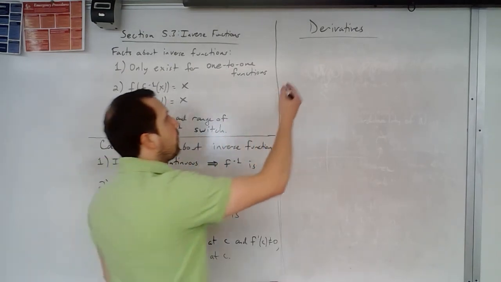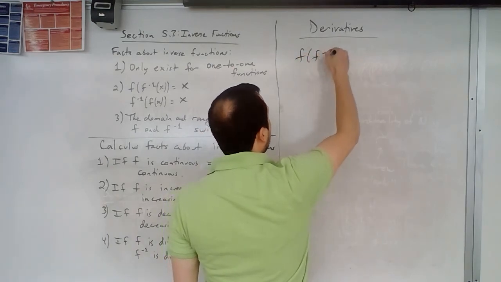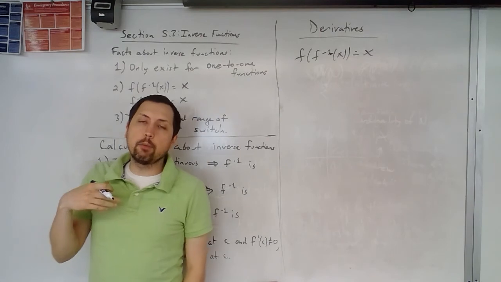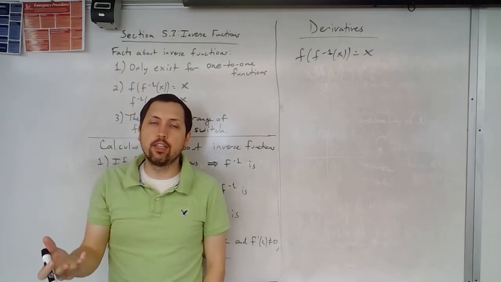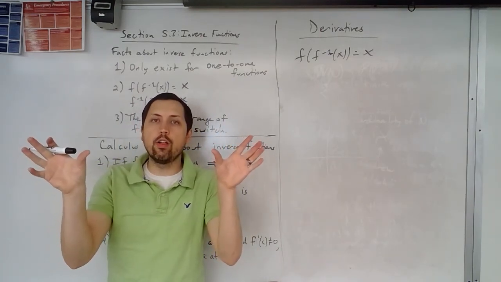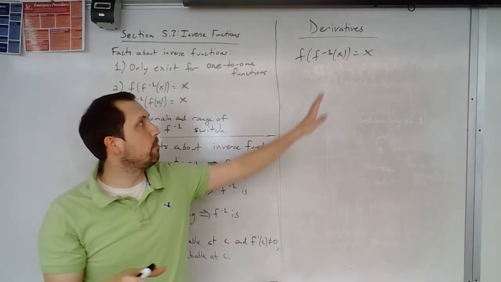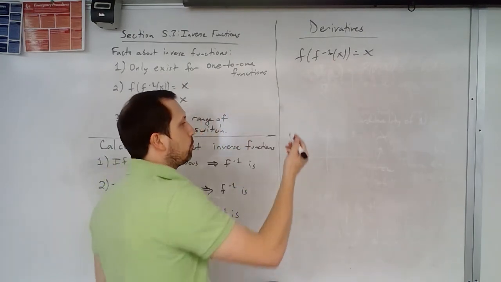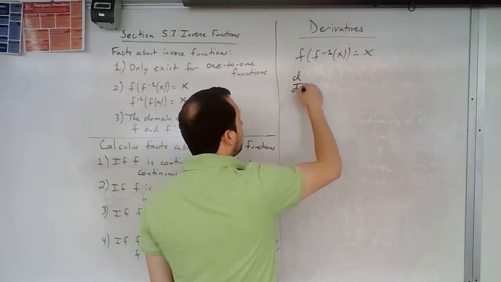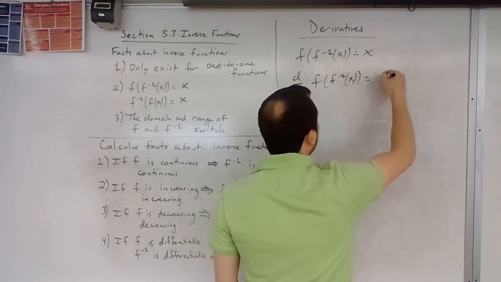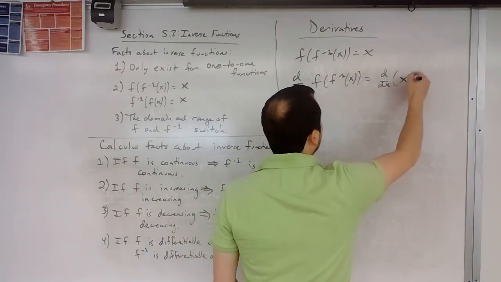Just like with implicit differentiation, if I have two things that are equal, if I take the derivative, those two things should also be equal. So I'm allowed to take the derivative of both sides with respect to x: d/dx of f of f inverse of x is equal to d/dx of x.